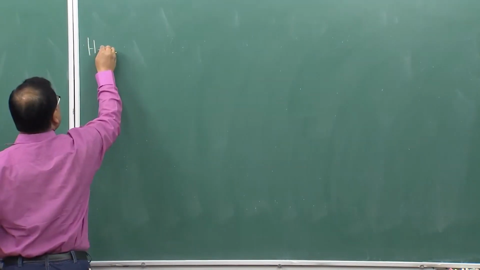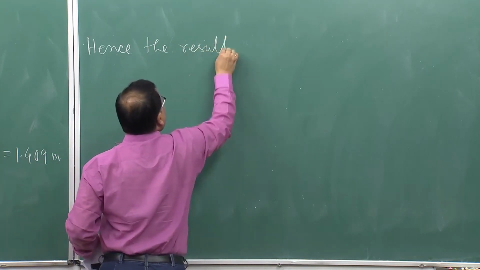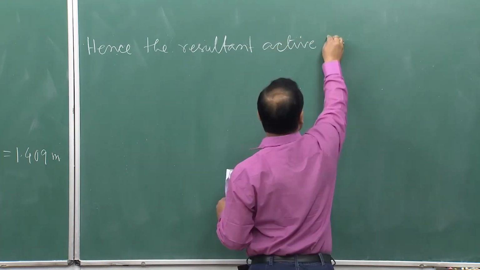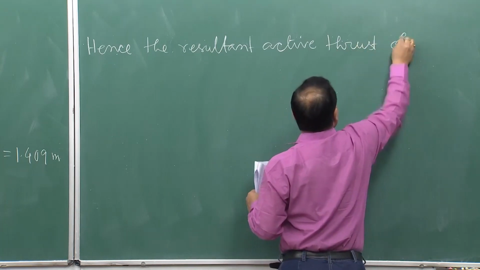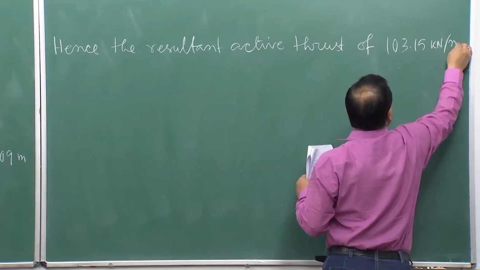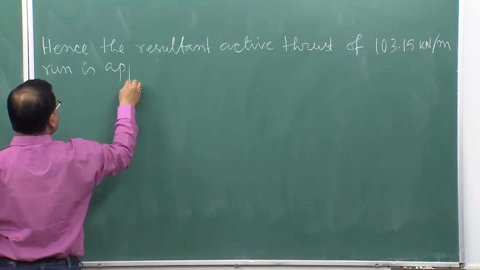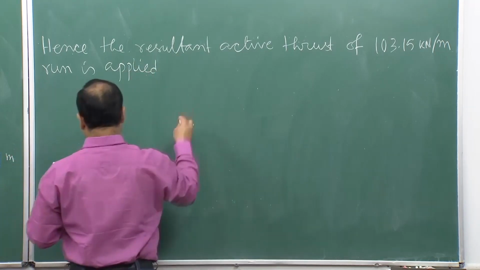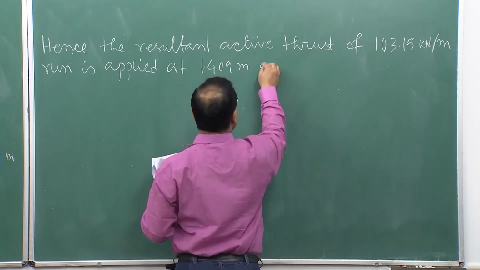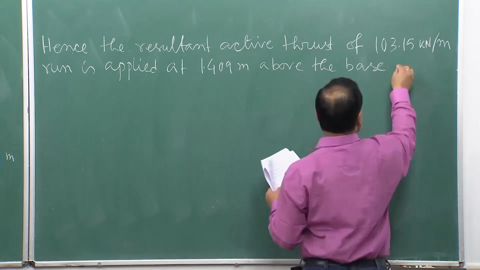Hence the resultant active thrust of 103.15 kilonewton per meter run is applied at 1.409 meter above the base of the wall.